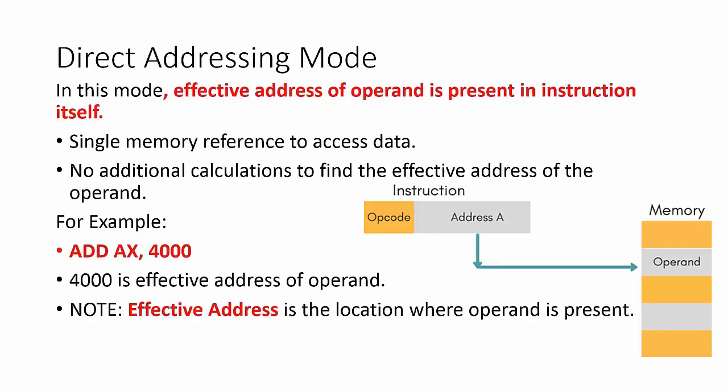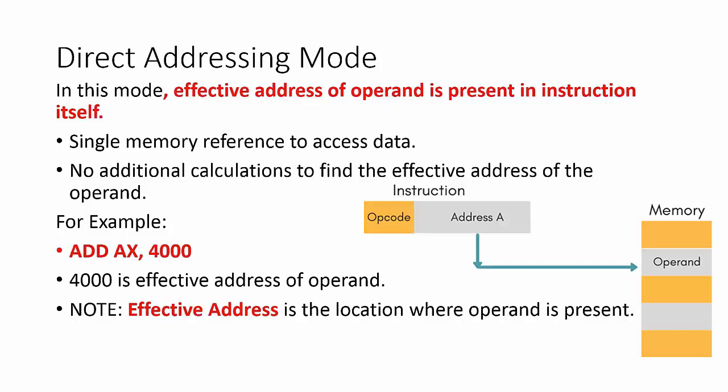Here is another addressing mode, that is the direct addressing mode. In this mode, the effective address of the operand is present in the instruction itself. Before discussing the direct addressing mode, I would like to describe what the effective address is. The effective address is the address of the operand, where the actual operand is stored.